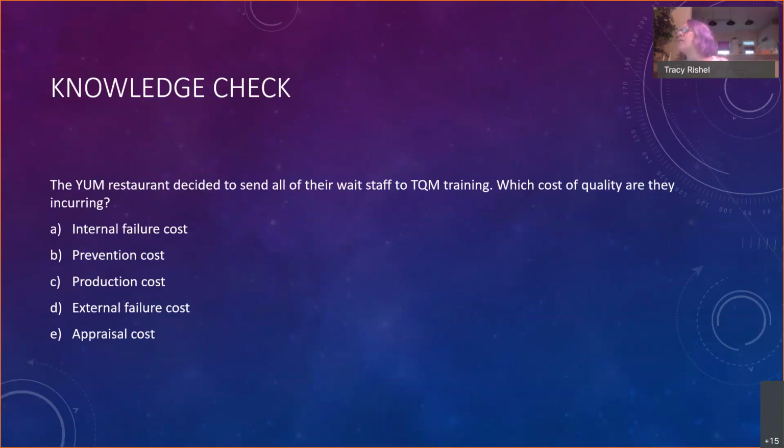There's 4 costs of quality, which you should study in your text. One of these is not a cost of quality. Well, actually, what I want to know is which one is the cost of quality when they send their wait staff to training. But one of these is not a cost of quality.